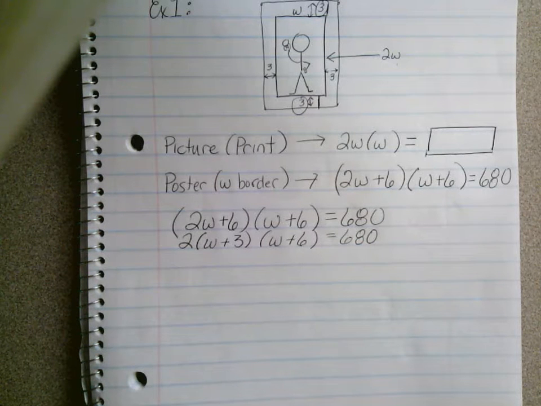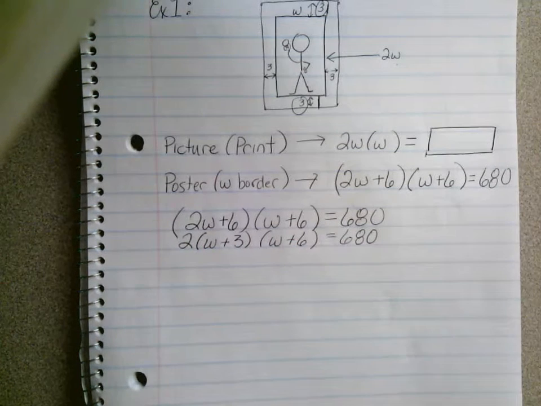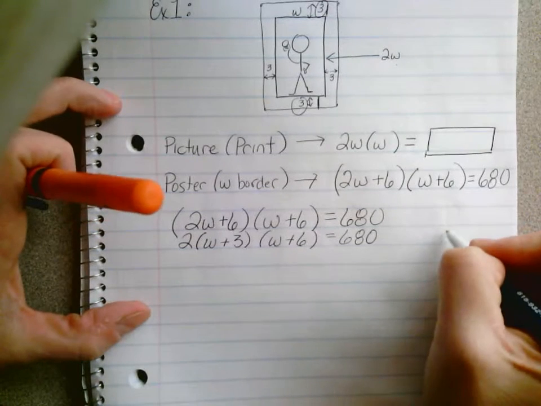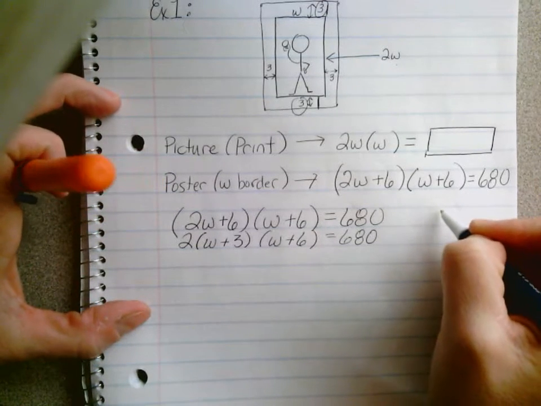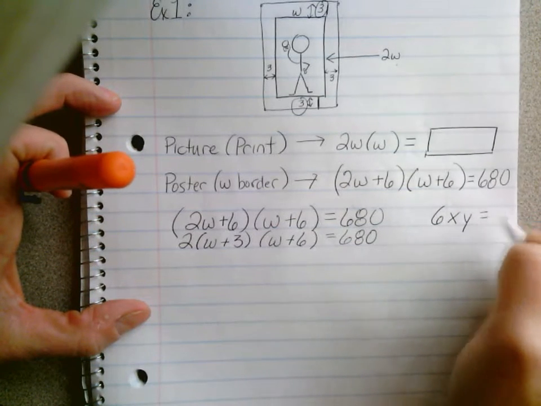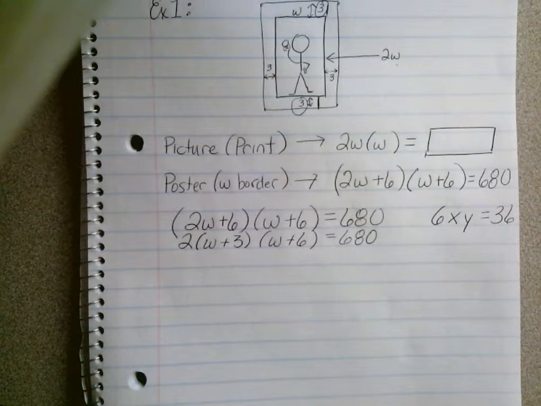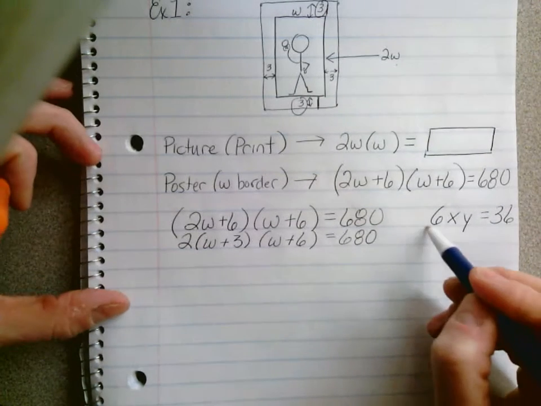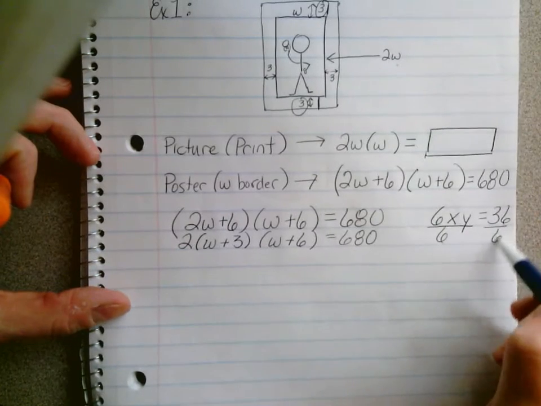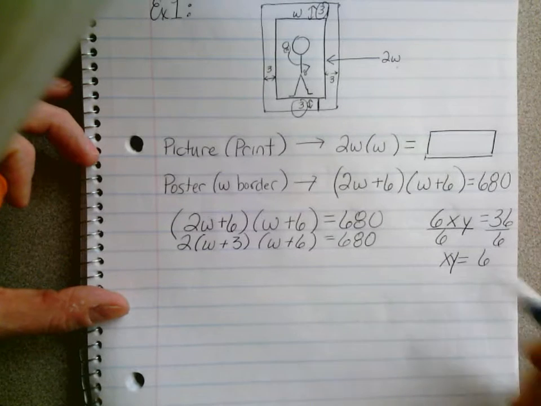Now, really quick, you know that 2 that I just pulled out? This is like saying 2 times this equals that. Or you might even think of it as like an early equation: 6 times x times y equals 36. I could divide this 6 out here, and that gives me xy equals 6.